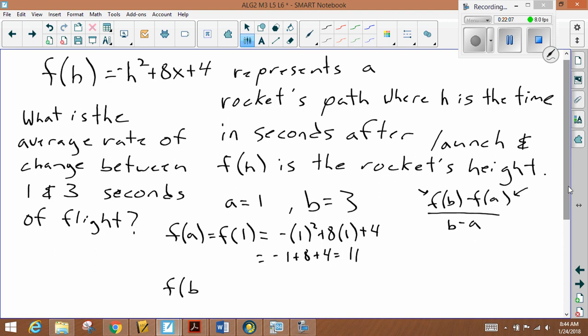F of B is equal to f of 3, which is negative 3 squared plus 8 times 3 plus 4.